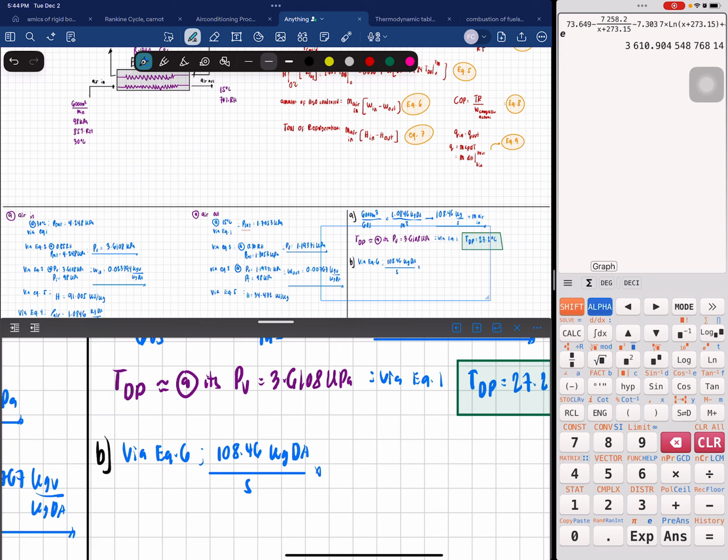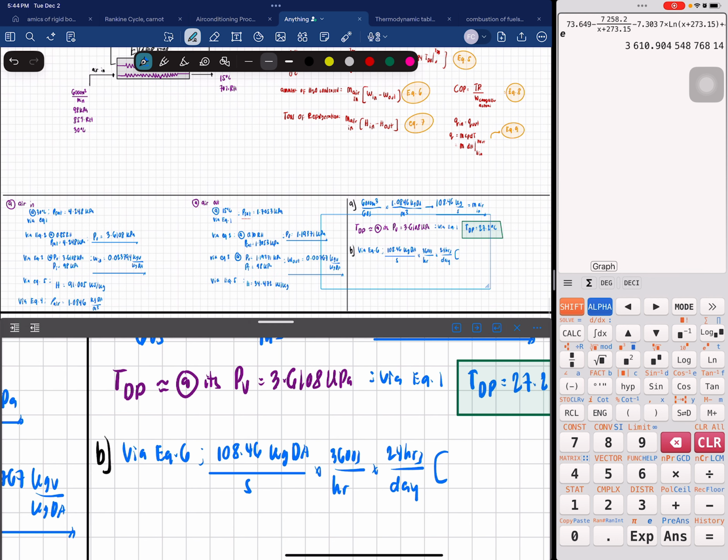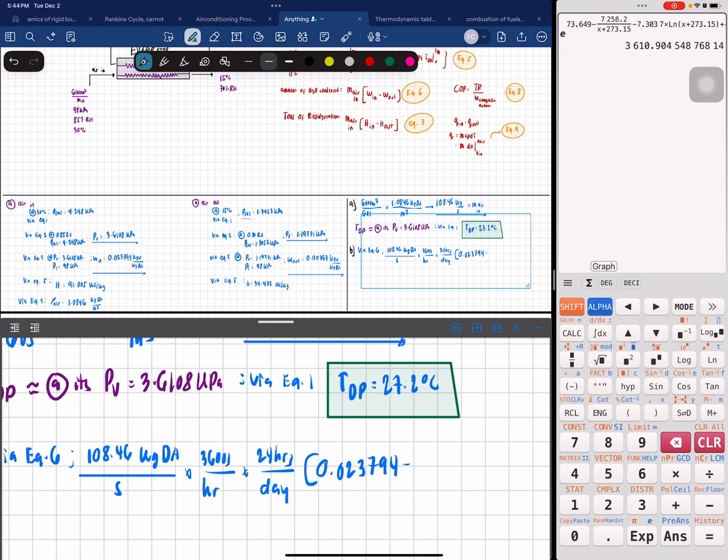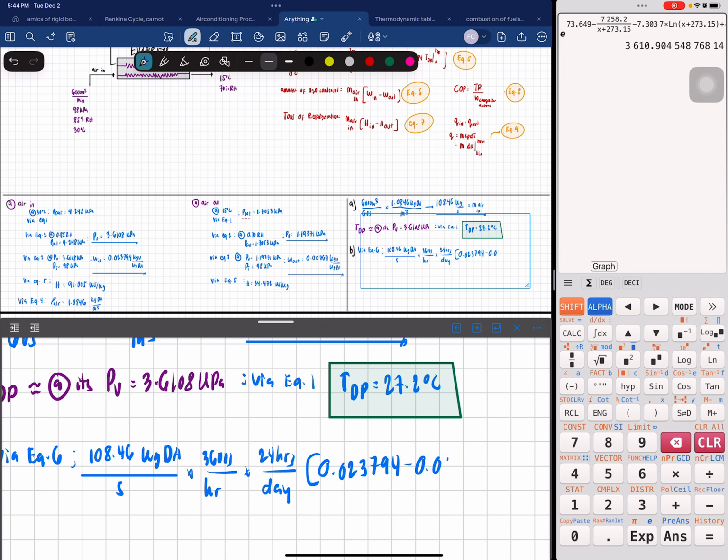You want this per day, so times 3600 seconds in 1 hour times 24 hours in a day. Also, humidity ratio in is 0.023794 minus what is out, 0.00767, kilogram vapor per kilogram dry air.